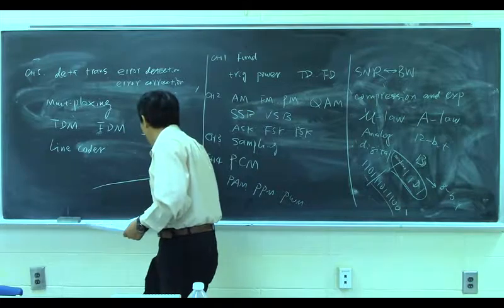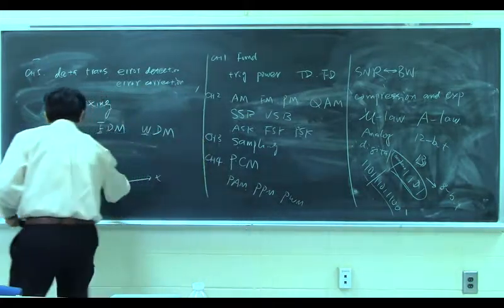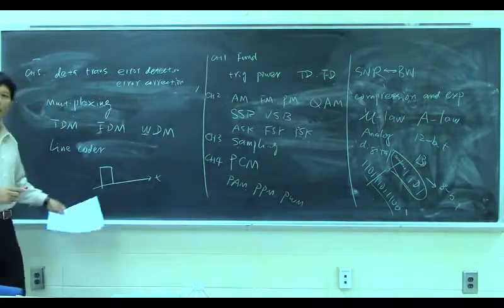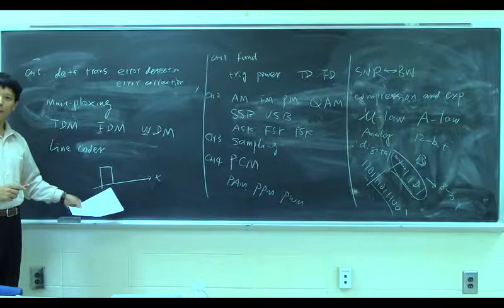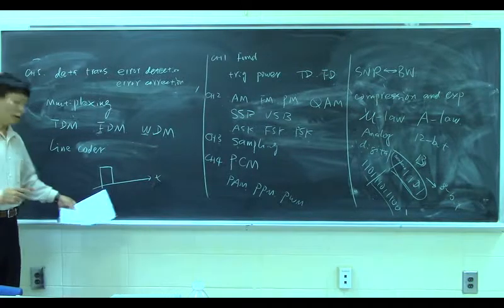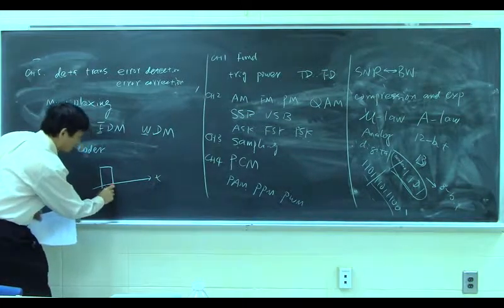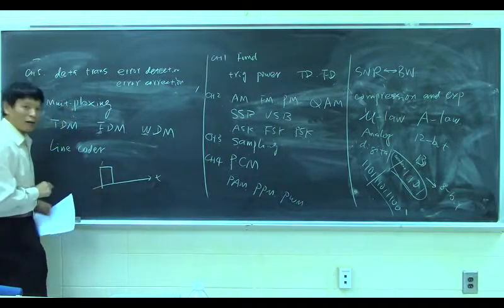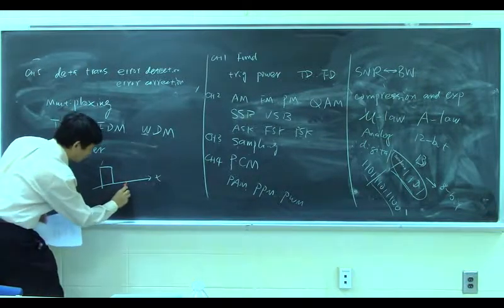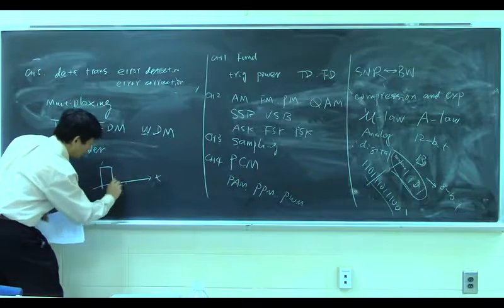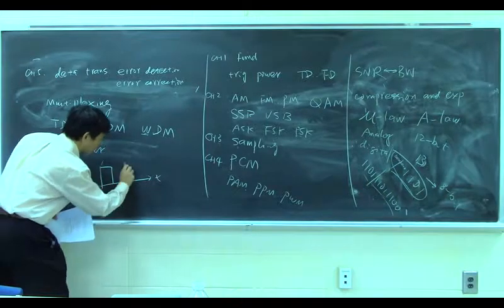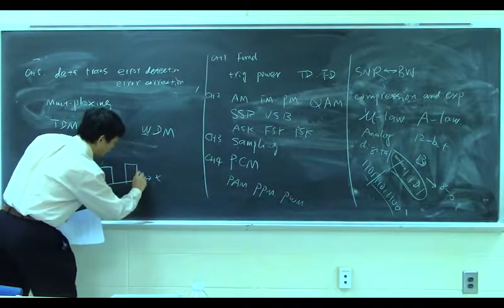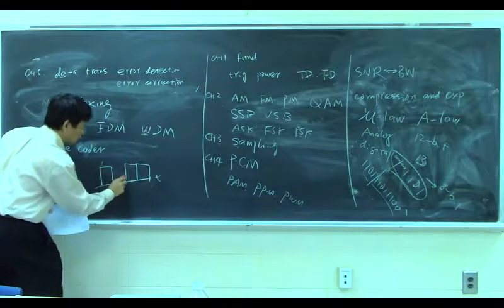So this is time, and this one is 1. 5 volt, for how long? So we set this one here, suppose this is 5 volt, so this is 1. The next one will be 0, so that's 0 here. 1, 0. The next one is 1. Okay, the next one is 1 again. So 1, 0, 1, 1, like this.